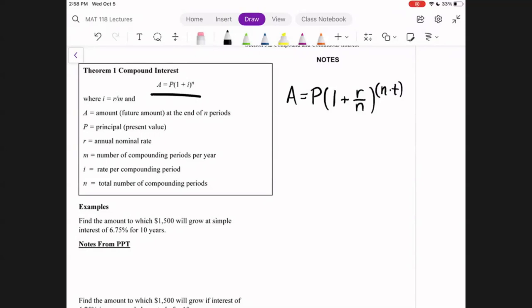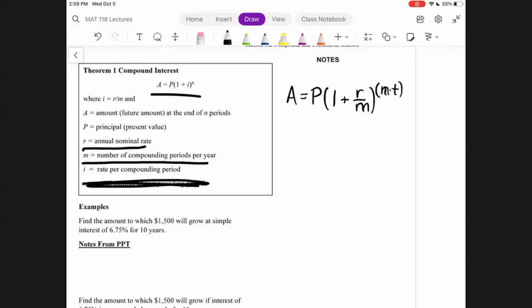You don't have to recompute variables, and it's less confusing. So we have our r, which is our annual nominal rate, our n, which is in essence, not this n here, you can see it as m. I can change it to an m if you want. And then t would be the number of years.